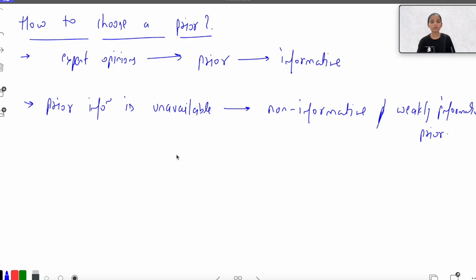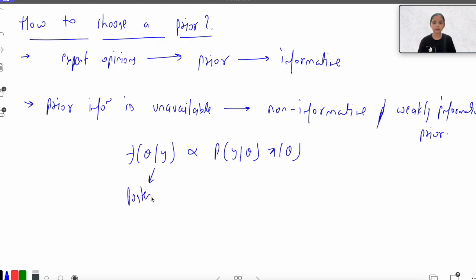As you can see, when we are dealing with the Bayesian framework, we always say that f of theta given y is proportional to f of y given theta times pi of theta, where this is the posterior, this is the likelihood, and that is my prior. When we have prior information, we can give more weightage, or we can use that information.